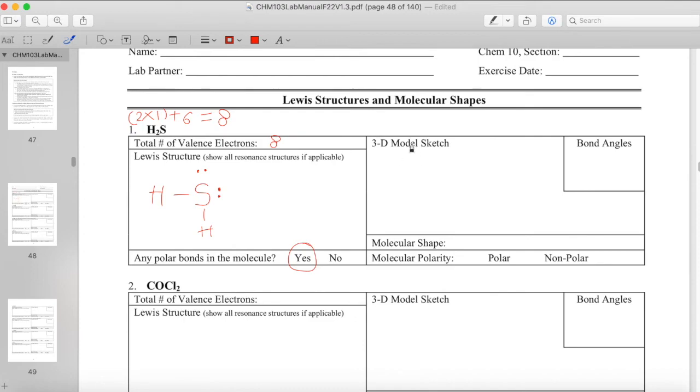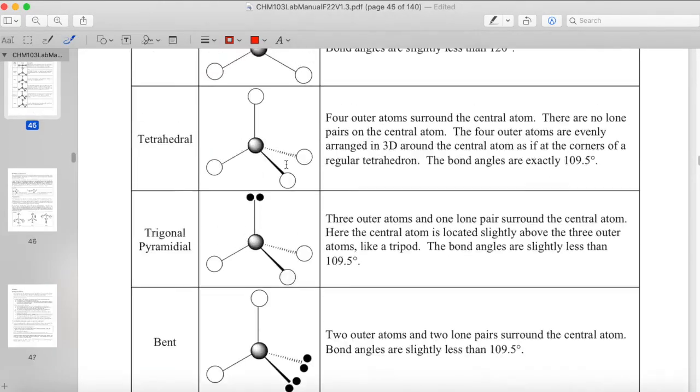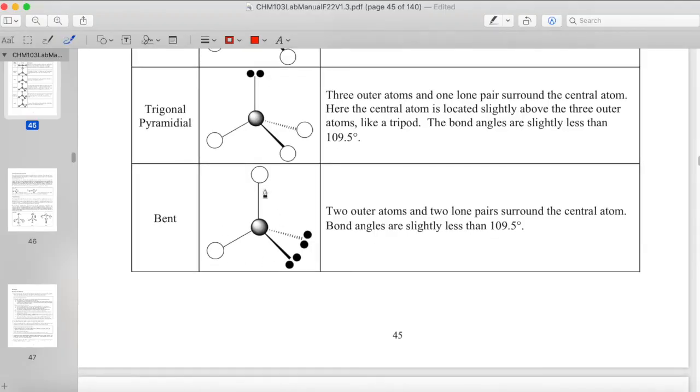Now, if you want to draw a 3D model sketch, feel free to do so here. We've got 2 bonds and 2 lone pairs coming off of this central atom. So you're going to see this shape here that this is a bent molecule. And this type of bent, as I pointed out earlier, looks kind of like this.